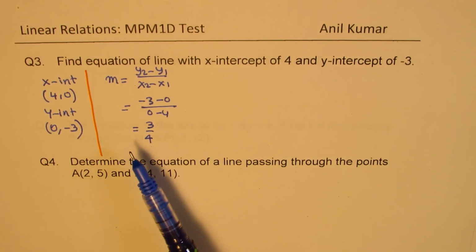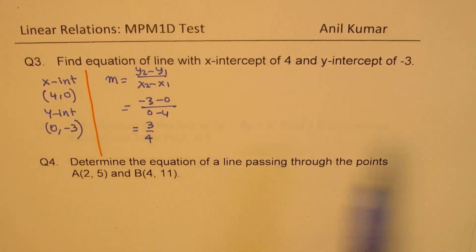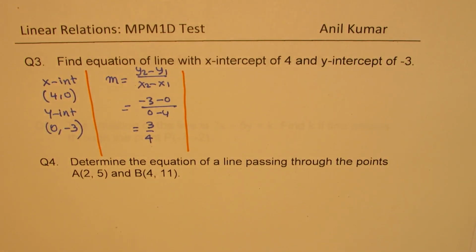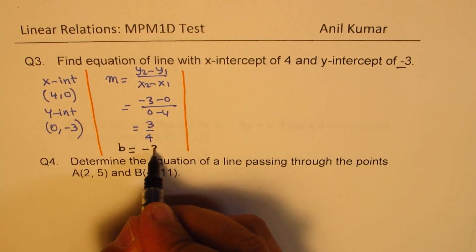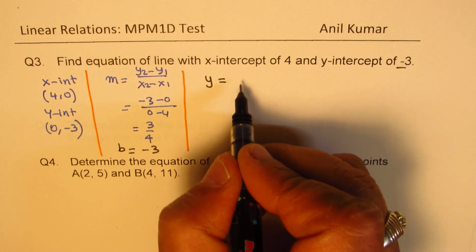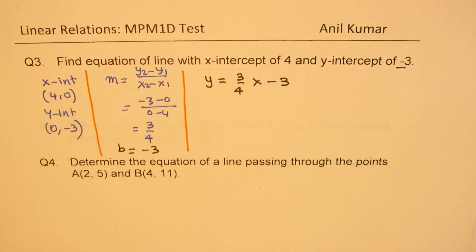So now we have x-intercept of 4, y-intercept of minus 3 means a positive line. Since we already know the y-intercept, we know b is equal to the y-intercept of minus 3. And therefore, the equation of this line is y equals 3 over 4x minus 3, correct?